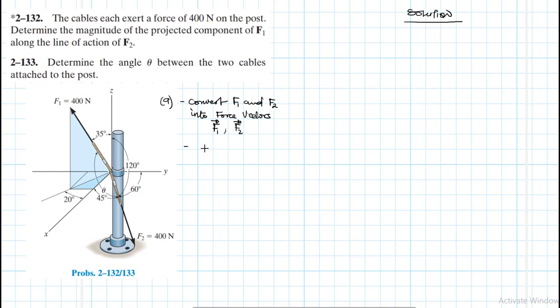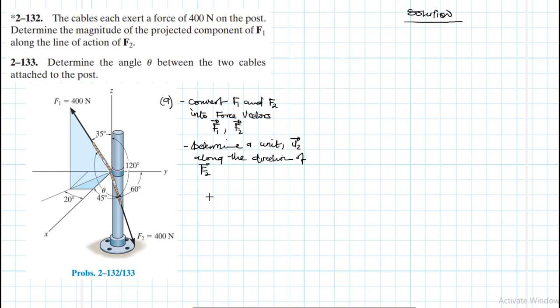Then the second step, once we've done this, is to determine a unit vector, which we are going to call unit vector 2, along the direction of force vector 2.